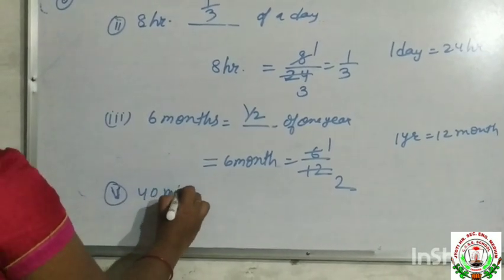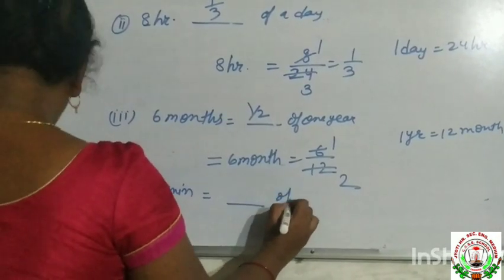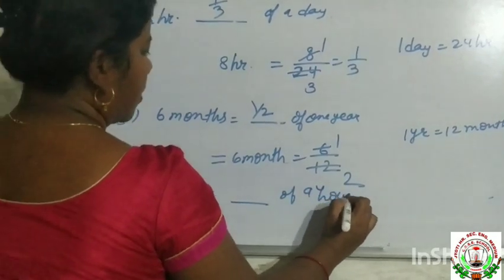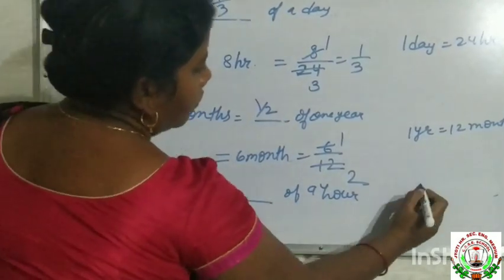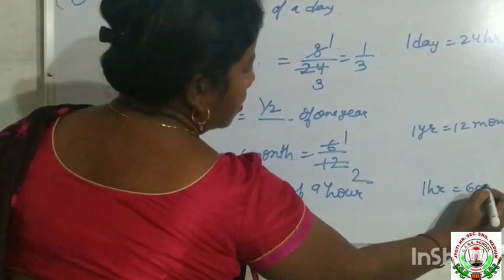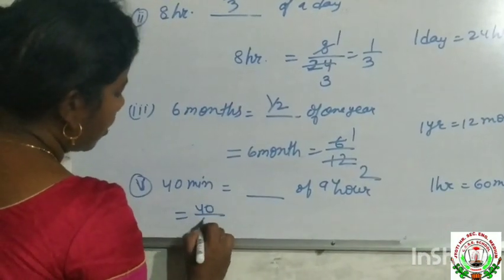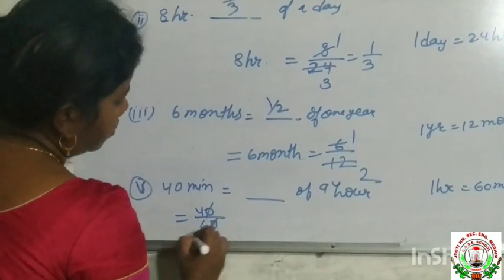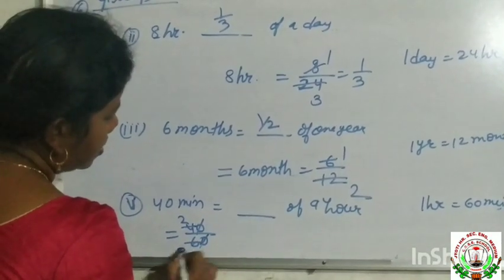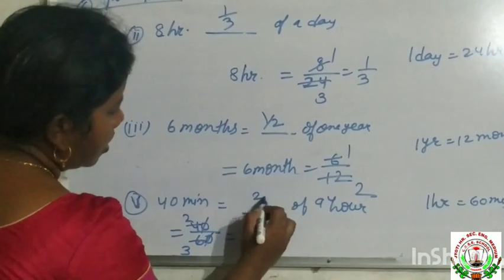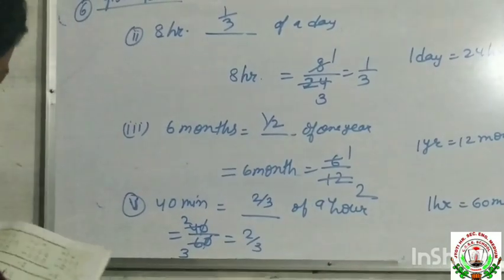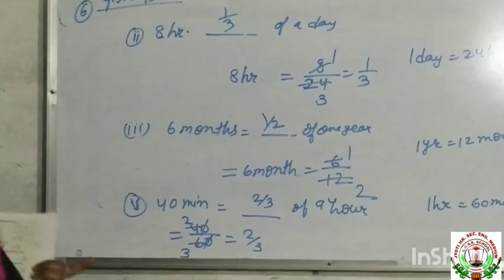40 minutes is equal to dash of an hour. We know that 1 hour equals 60 minutes. So when we convert these 40 minutes into an hour, the zeros cancel, 2 twos are 4, 2 threes are 6. That is 2 by 3. So we write here 2 by 3 of an hour. Understood?